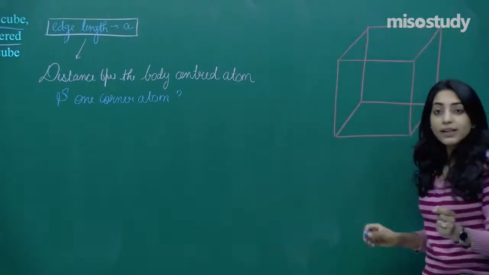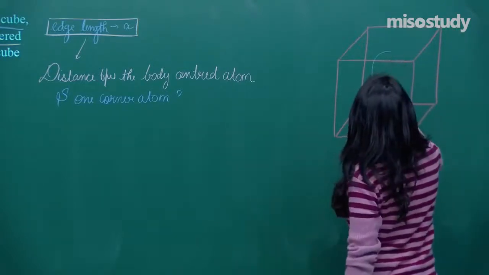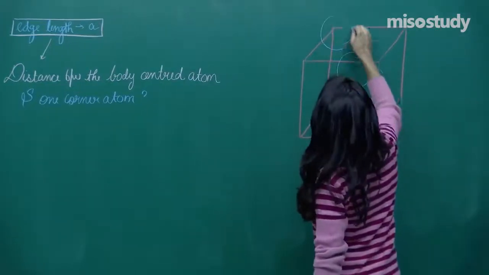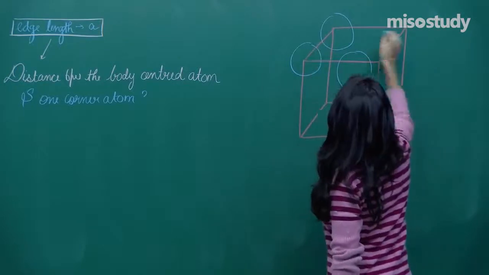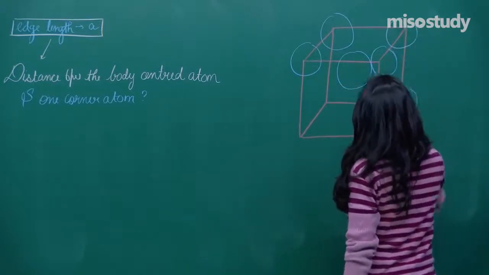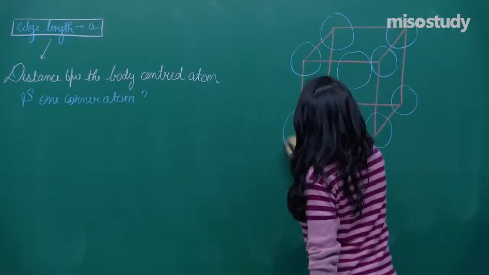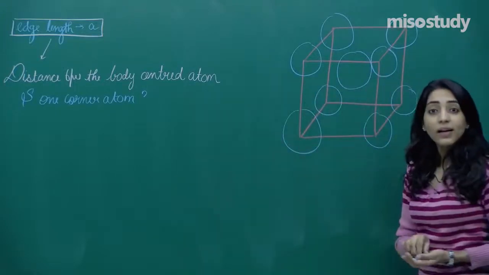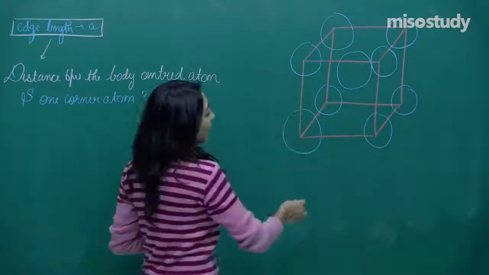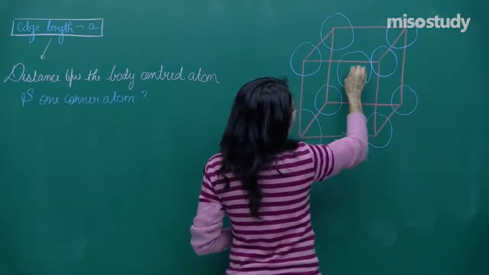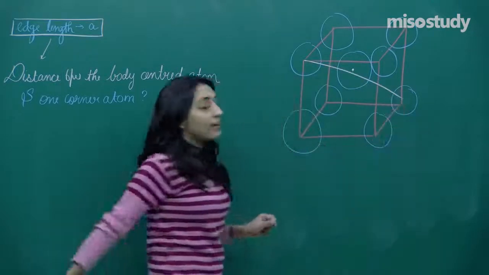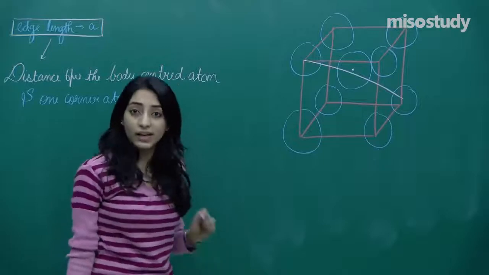Now, if you are considering a cube, one atom is present in the center of the body, and one atom is there, one here, one here, 1, 2, 3, 4, right? And I just told you 3-4 minutes back that if an atom is present at the center of the body, then they must be touching each other in the diagonal fashion, right?